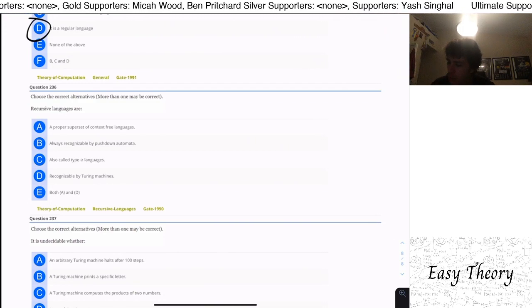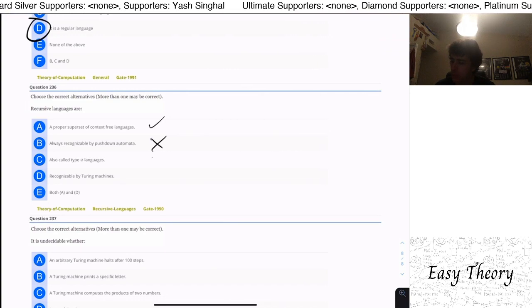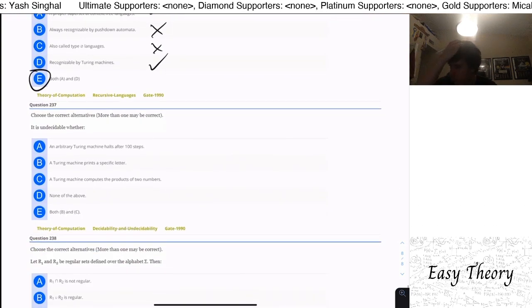Choose the correct alternatives. Recursive languages are a proper superset of context free. Yep. Always recognizable by... Nope. Type 0 languages. No. Recognizable by Turing machines, yeah. So A and D. Choose the correct alternative.